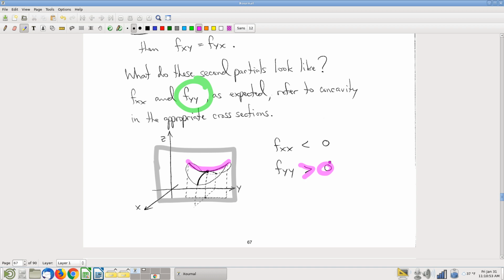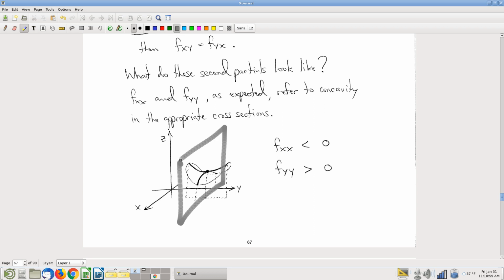Analogous for the x, notice if you hold y constant and look at that, again, we have a Pringle function here, so this cross-section being concave down, that's the evidence that the x second partial is negative. Okay, so easy interpretations in those cases.